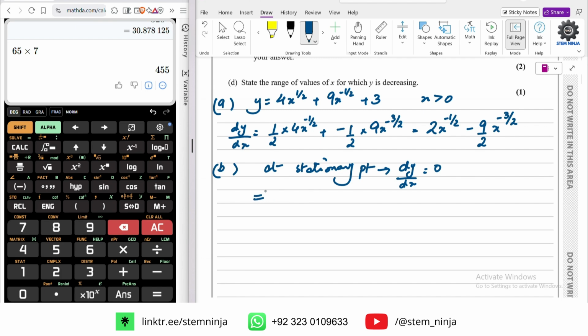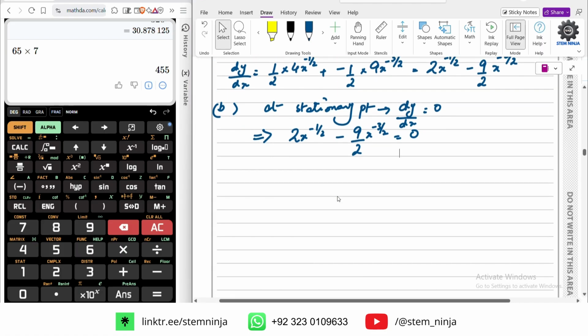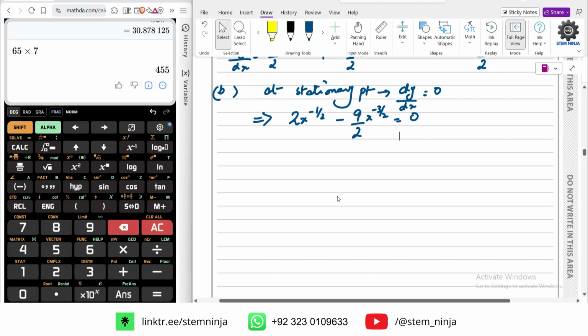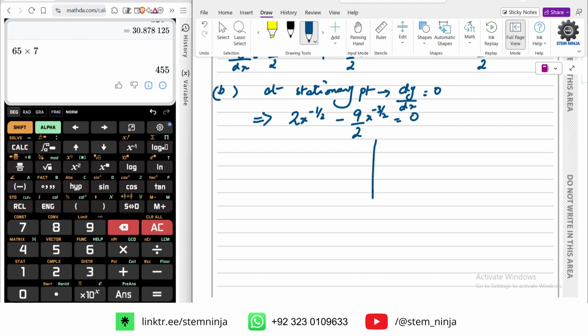So therefore, we need to see what happens when 2x to the minus 1 over 2 minus 9 over 2x to the minus 3 by 2 is equal to 0. So there are two ways to do this. We can somehow rearrange the equation to make x the subject, or we can make it sort of like a quadratic equation. So let's try method number 1.